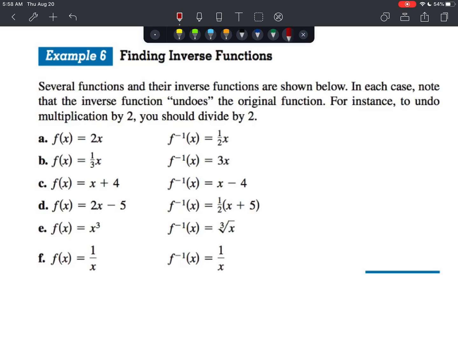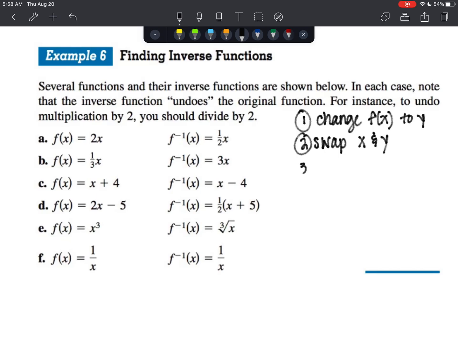Now, how you find an inverse is you change your function notation, change f of x to y, swap the x and the y's, solve for y, and then change y back to f inverse of x.